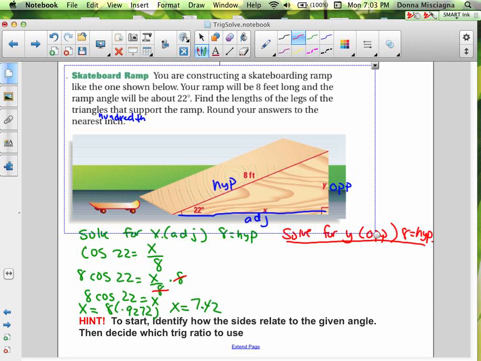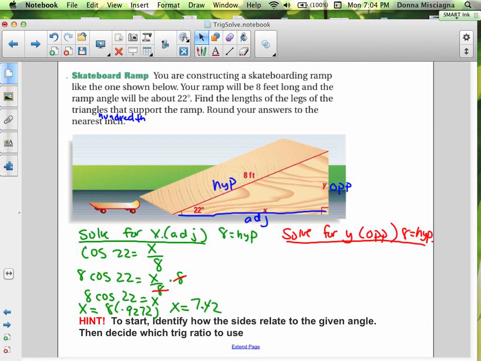There's no reason to, and it would create rounding error. We rounded to get x. If we then calculate with the rounded value, we're going to create even more error when we go to solve y. So always go with your exact answers, so that you don't have rounding error.